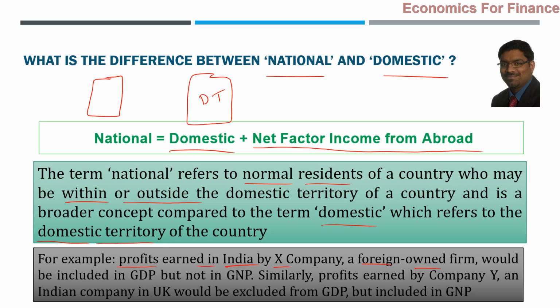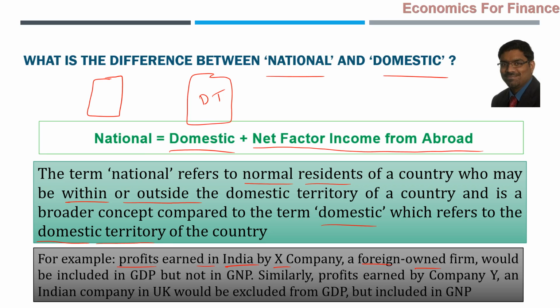Say Kia Motors earned some profits in India. It manufactured in India, sold in India and exported goods from India elsewhere. Whatever happened, the profits are ultimately earned by a foreign owned firm. Would they be included in GDP as we discussed earlier? Yes, they will be included in GDP. But would they be included in GNP? The answer is no.